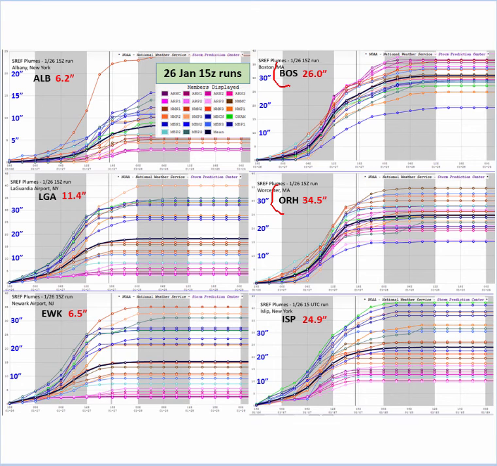Here in Newark, for instance, they only ended up with about this much snow, but you can see a huge spread. Islip, same thing, although they certainly ended up with a lot more on the eastern side of Long Island, pretty close to where the average was forecast. But you can see again here, Albany, a large spread, and LaGuardia as well. So this was not an easy forecast, even as we got very close to the event.